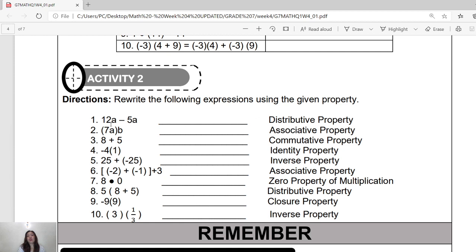What should this one be equal to if you use the distributive property? And how do you write this if you will use associative property? Another, how will you write this one if you use commutative property? The same with the rest, applying these properties.